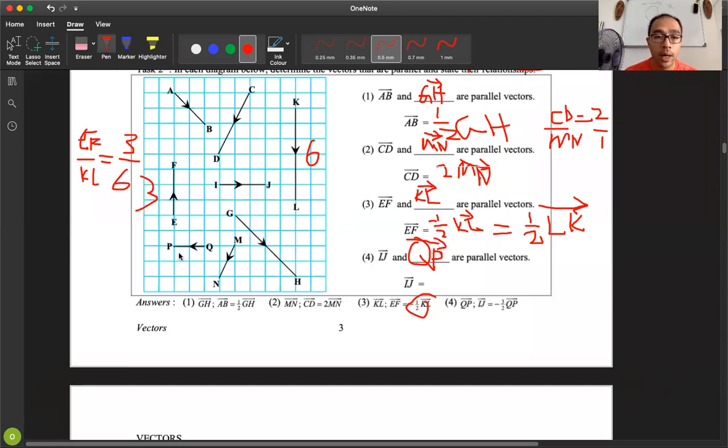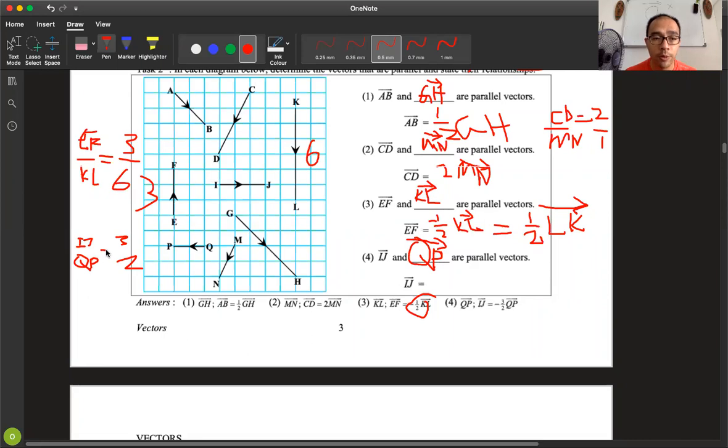Now, are they equal? Let's do IJ is 3. So IJ is 3 boxes. QP is actually 2.